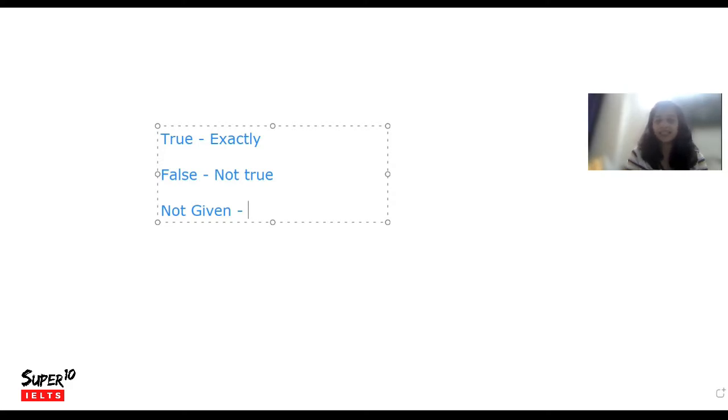So not given is simply something that is not given. I can't explain it more simply. So now, when we talk about how to solve it exactly, I'm going to show you an example and let's see if we can understand through that example.